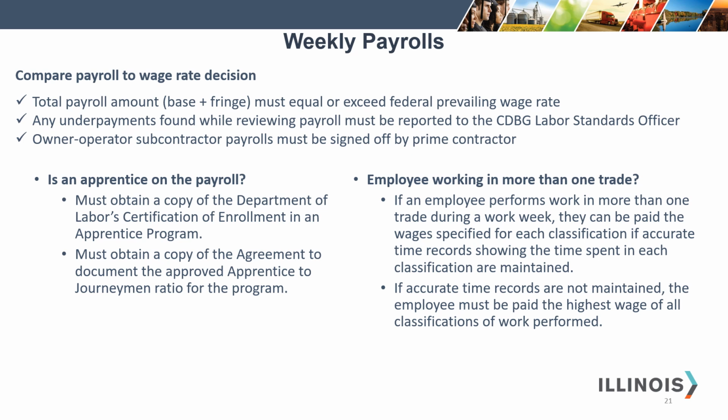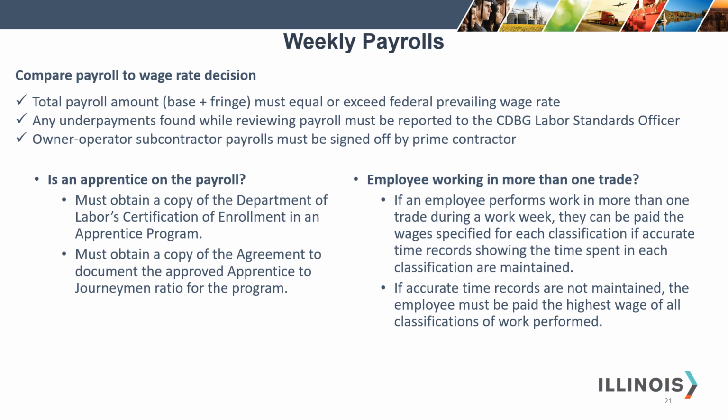If you have an apprentice on the payroll, you must obtain a copy of the Department of Labor's certification of enrollment in an apprentice program. You must also obtain a copy of the agreement to document the approved apprentice to journeyman ratio for the program.